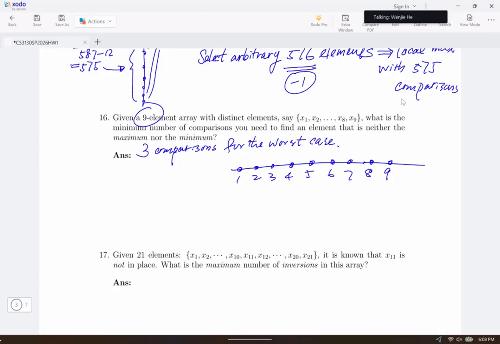Remember, one strategy I mentioned in one of the previous classes: we can modify the problem to make it easier.